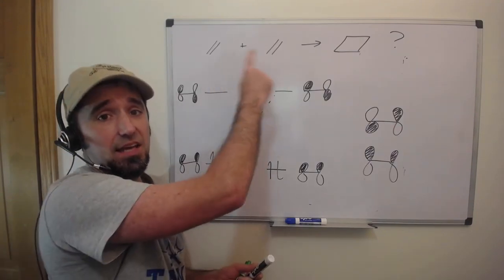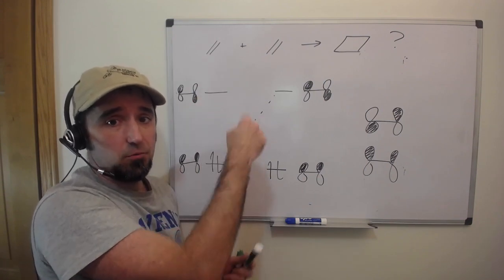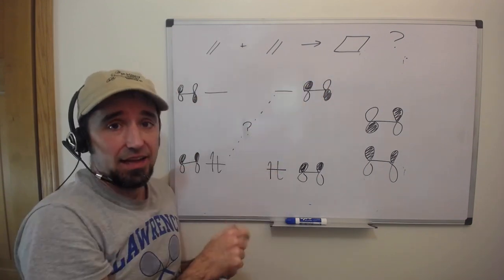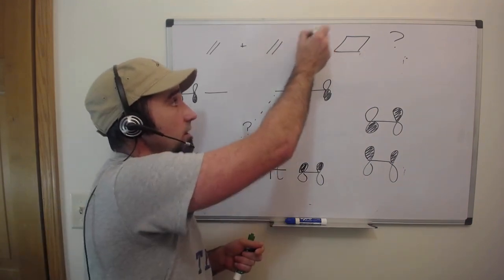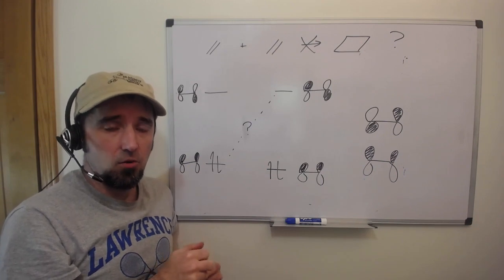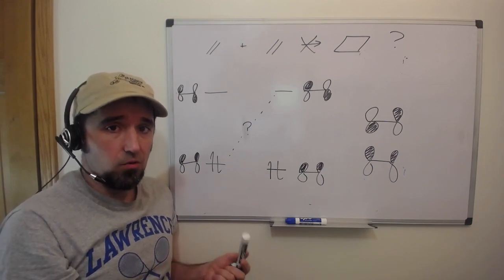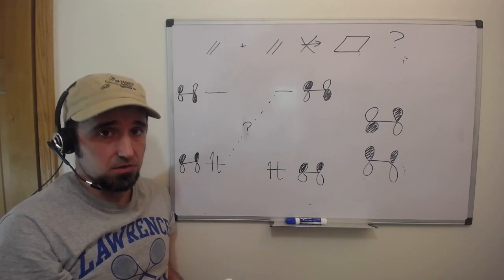So can I take two alkenes like this and do a similar concerted reaction to get a cyclobutane like that? And the answer is no, this does not work. I can't just heat up two alkenes and get a cyclobutane. Right? So why is that? Well, again, it goes back to orbital alignment and orbital symmetry. Right?